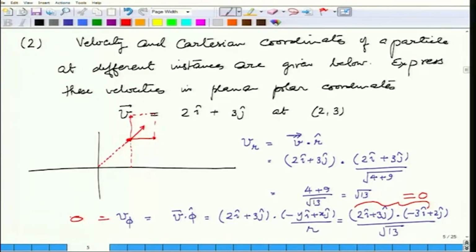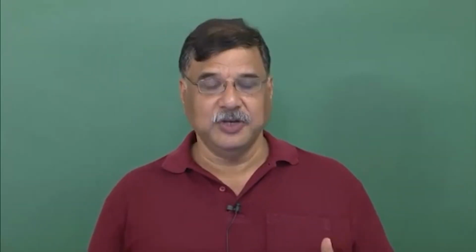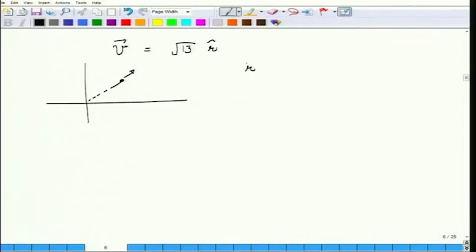This is precisely what we suspected earlier. The velocity in this case is radial, and therefore it can be written as v equals root 13 r unit vector. Keep in mind that at this instant the particle is moving in the radial direction, but the radial unit vector keeps on changing as the particle changes position. I emphasize again that the r unit vector is xi plus yj over r, and therefore it depends on x and y. It's not a fixed unit vector in space.